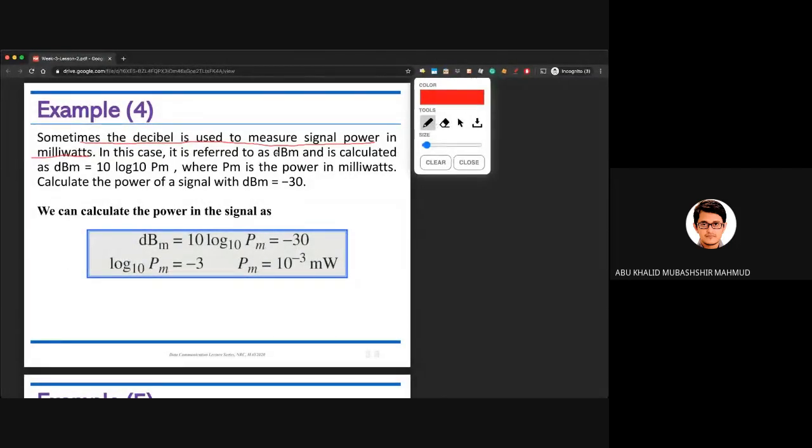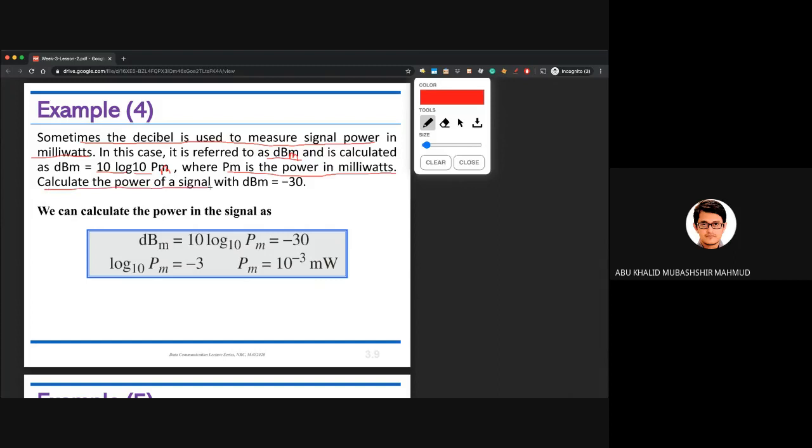It is referred to as dBm, with m as a subscript, and it is calculated as 10 log 10 of P subscript m, where P subscript m is the power in milliwatts.